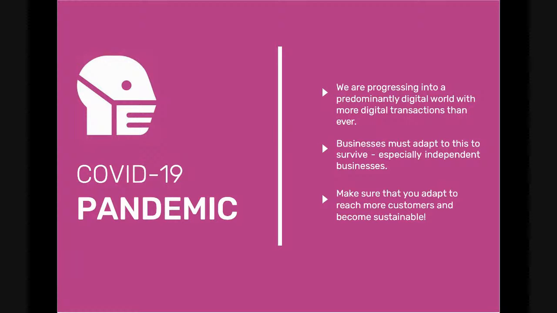So that only the fittest, the strongest, and the smartest could get through. If you have a website that is inaccessible, that is basically what you are doing. So you have to make sure that you adapt to reach more customers and become sustainable.